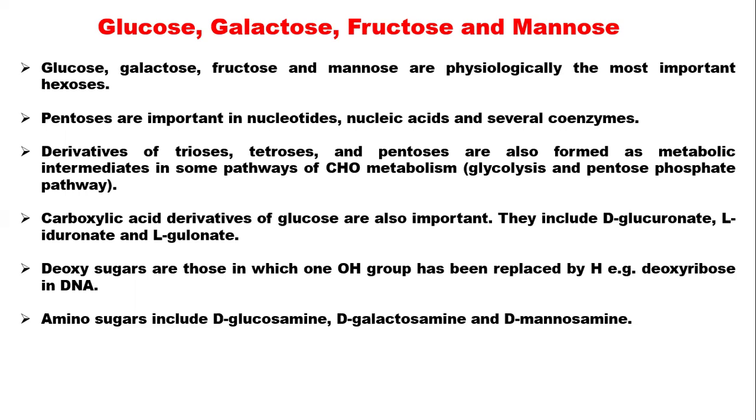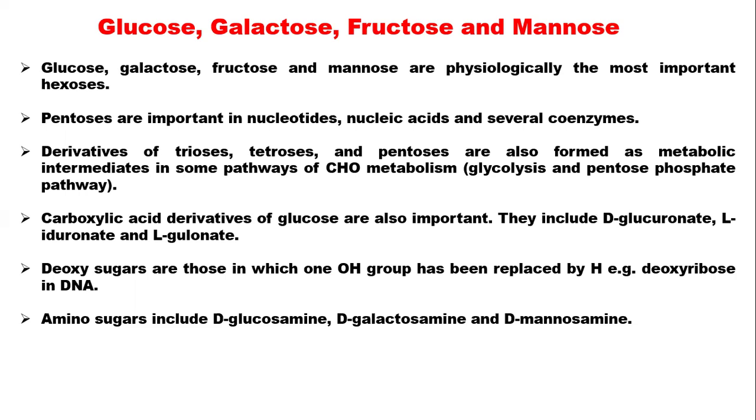In our body, there are a lot of metabolic activities taking place, and those metabolic activities are being catalyzed by various enzymes. Some of the enzymes require what we call coenzymes, which are organic molecules needed by the enzymes to function properly.